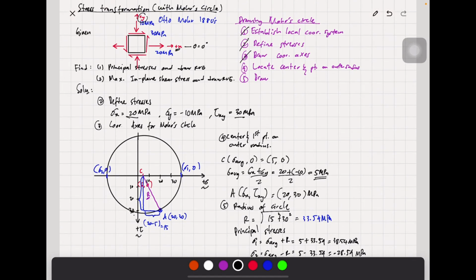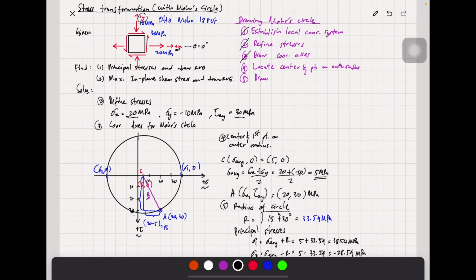Of course, you can locate those values on your plot, but this is what we have right here: the radius and the locations of principal stresses 1 and 2.